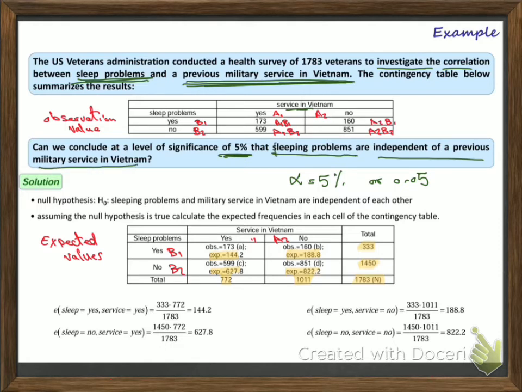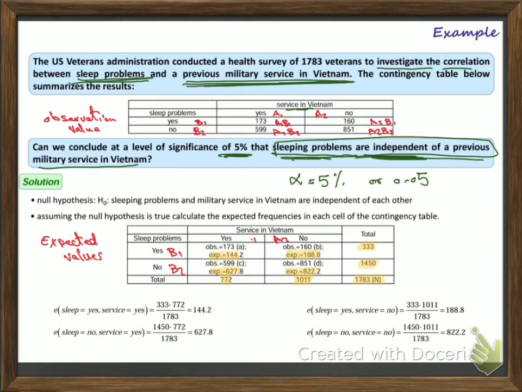So this will be our null hypothesis. Null hypothesis means our expected hypothesis, that we are assuming that this is true. It will be that there is no relation between the sleeping problems and the previous military service. So both are independent. So our H naught here, we will assume that there is no relation. They are independent.